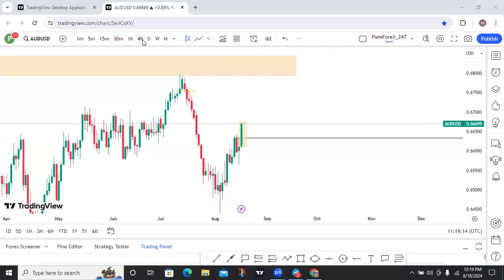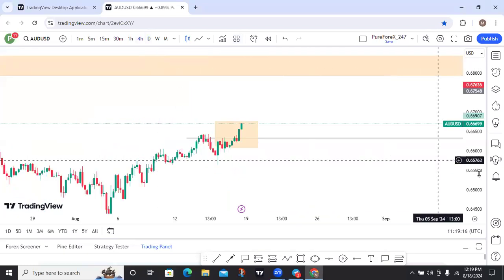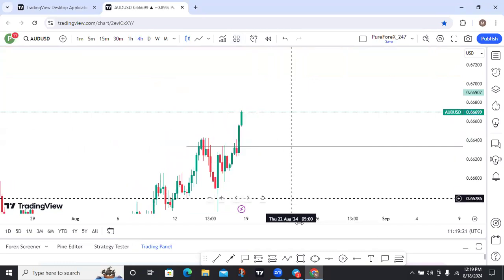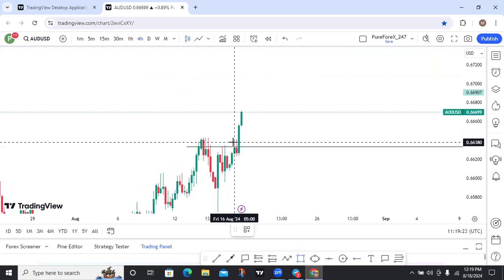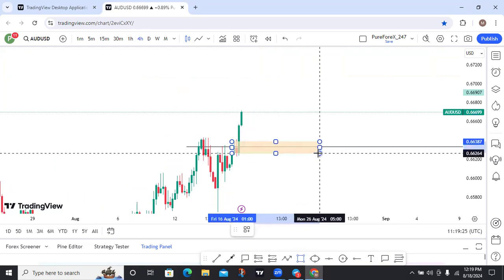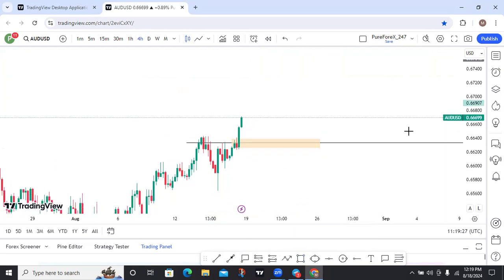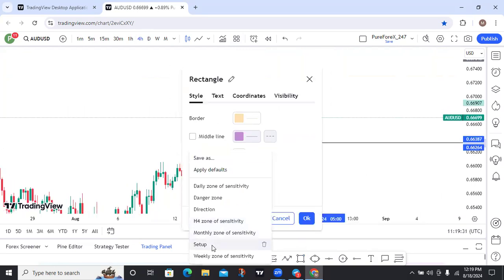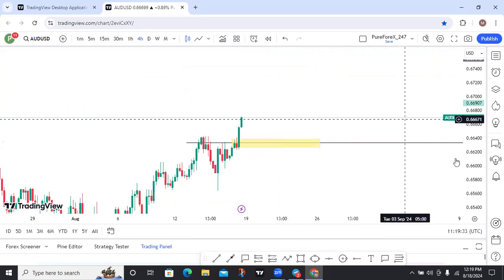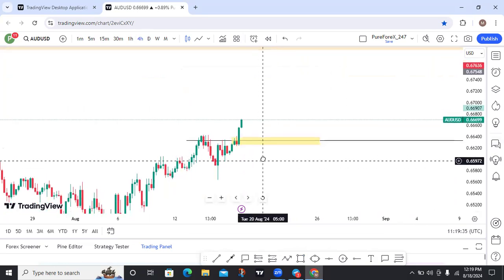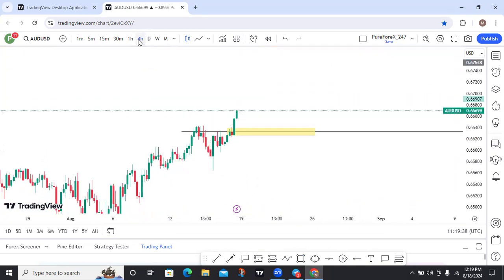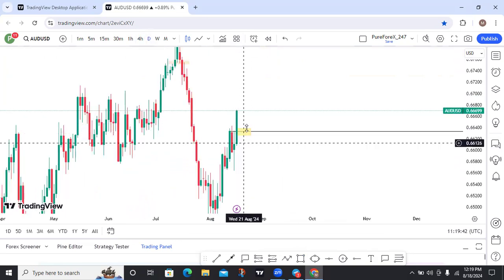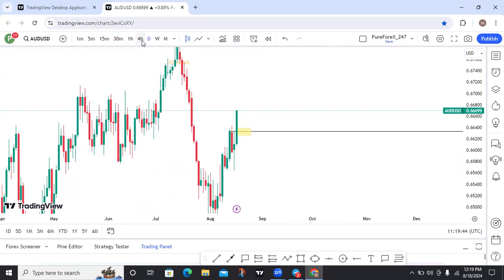So let's go to the H4. Under H4, I can also consider this rally-base-rally at this point here. This rally-base-rally is also found inside that bullish engulfing, that time not a bullish engulfing, this full body momentum candle, right?